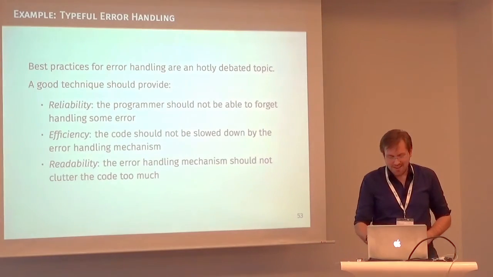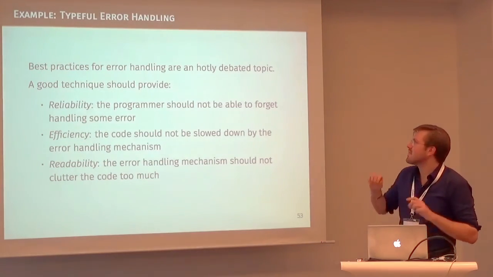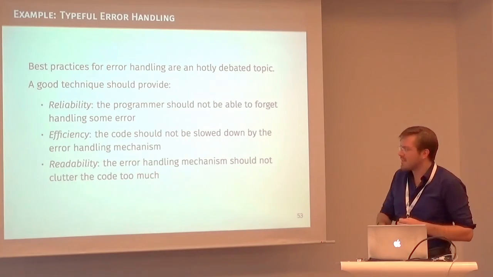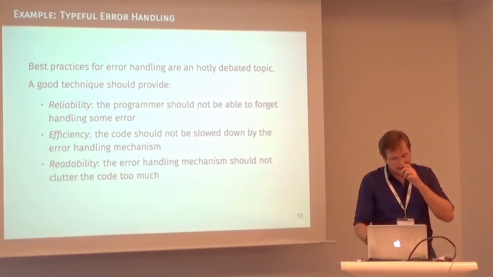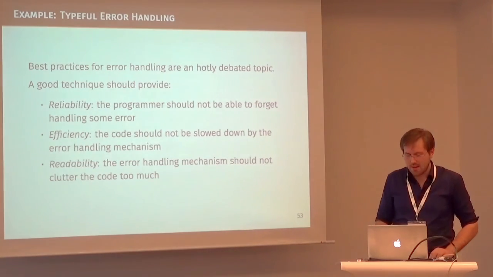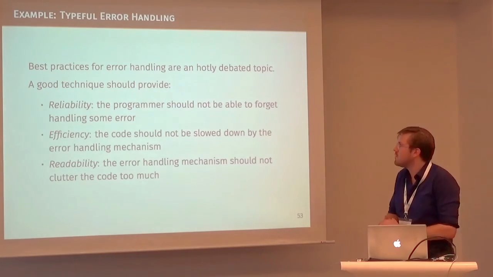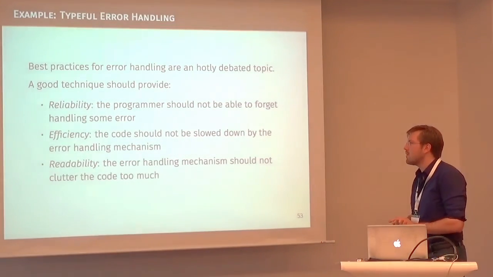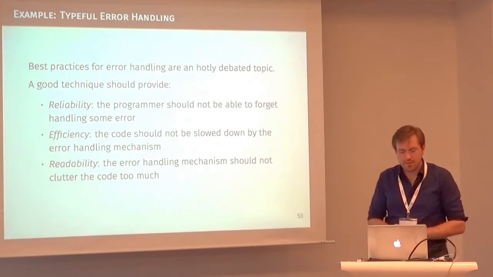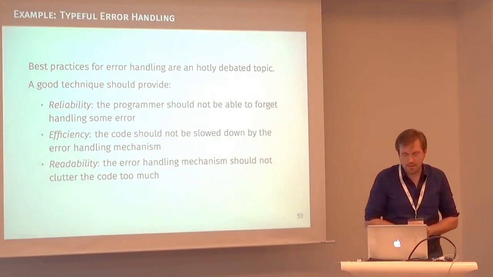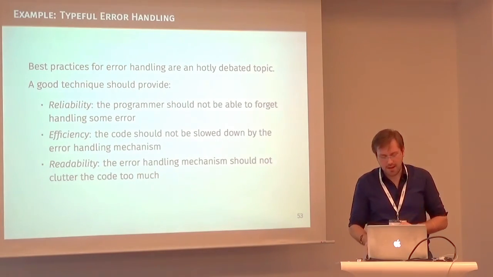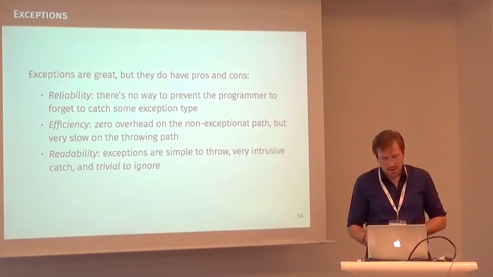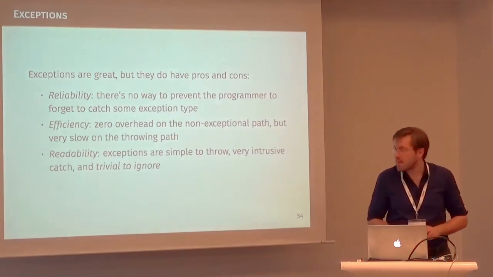And this is an example of the use of algebraic data types to cover the problem of error handling. We want to handle errors in our code in a reliable, efficient, and readable way. Readable means that the mechanism does not clutter the code too much. Exceptions are great, but there are limitations.